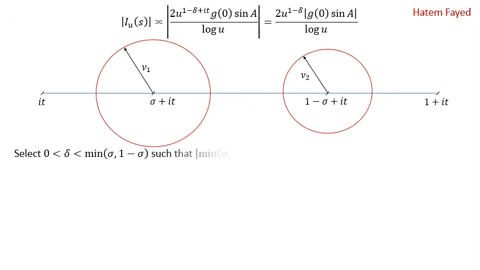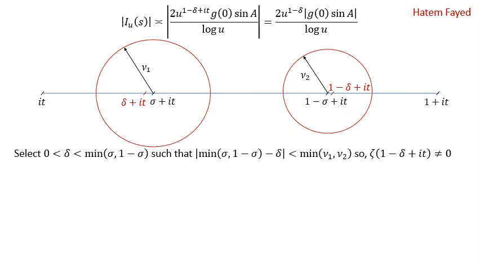Let us select delta such that delta is less than the minimum of sigma and 1 minus sigma, and the distance between delta and the minimum of sigma and 1 minus sigma is less than the minimum of ν1 and ν2. This guarantees that delta plus it lies inside the left disk and 1 minus delta plus it lies inside the right disk.